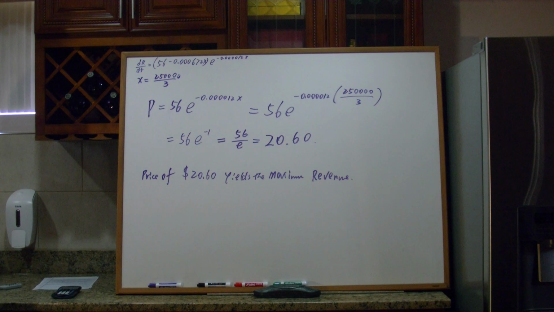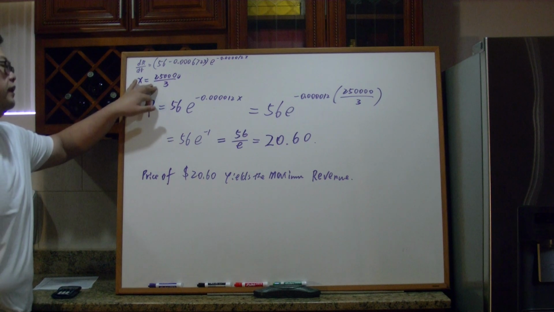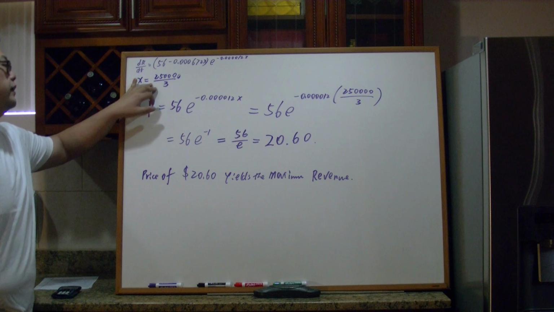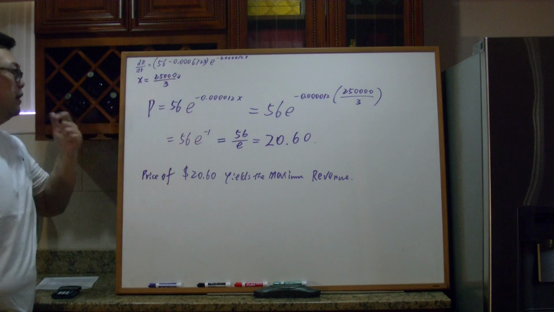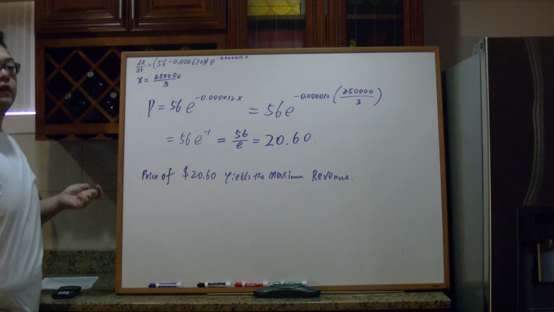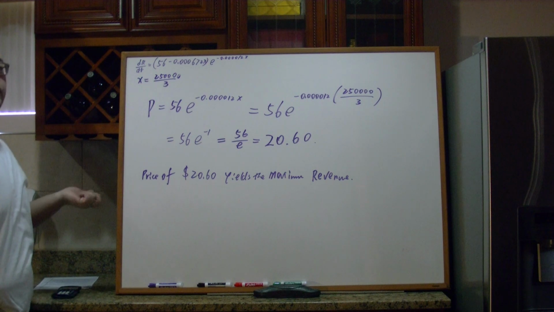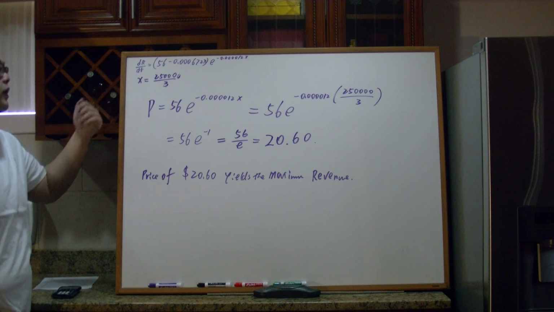So this question is a little trickier. I get the price per unit to be that, and of course in the real case the number of units will be 83,333 or 83,334. That's our unit count.